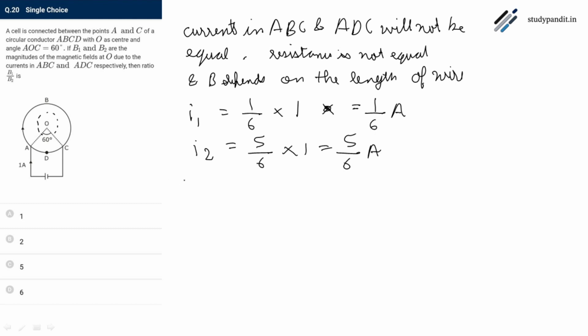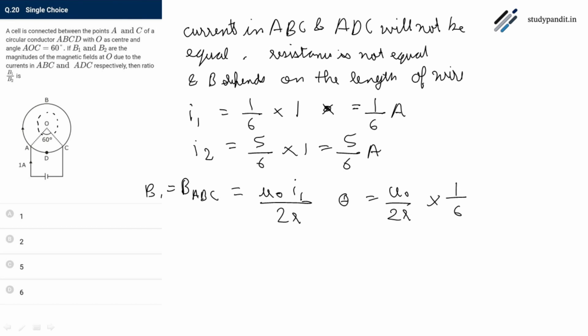So what is B of the ABC wire? That is B1 equals mu naught I1 upon 2r theta, which equals mu naught upon 2r into 1 by 6 into 5 by 3 pi.